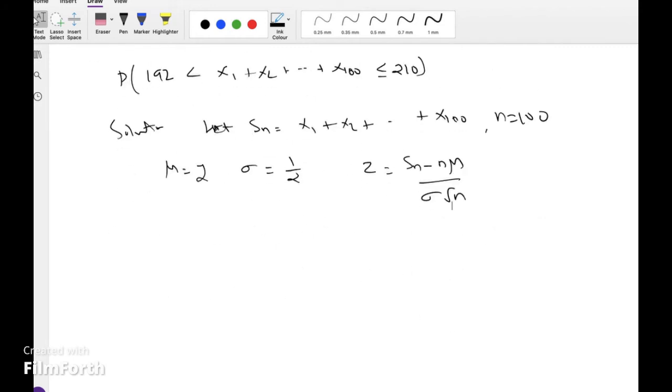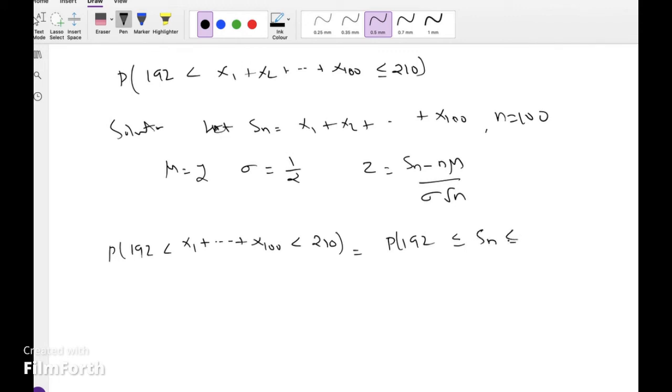So the probability of 192 less than x1 plus etc. plus x100 less than 210 is equal to the probability of 192 less than or equal to Sn less than 210.